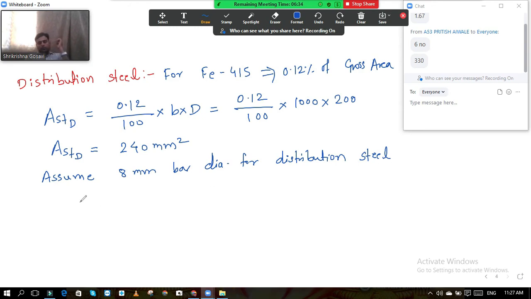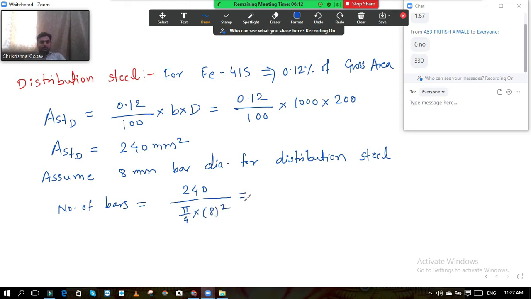So if you assume the 8 mm bar diameter, then we will calculate the number of bars. So number of bars is equal to 240 divided by pi by 4 into 8 square.